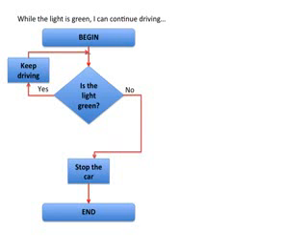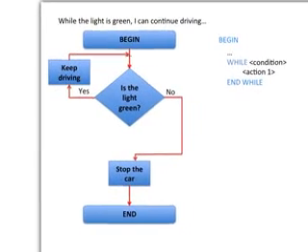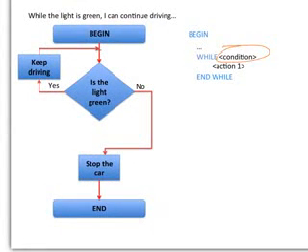Done. Let's try to convert this into pseudocode. We'll start with the keyword begin. Add an ellipse from the flowchart. Now we need to add our pre-test loop. This repetition uses the following keywords: while and end while. Our condition here is the question we asked in our flowchart.